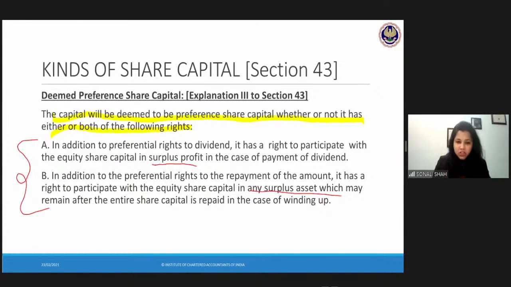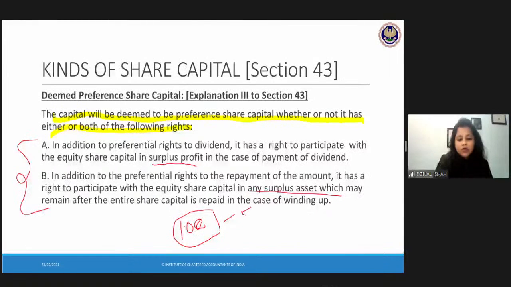So as a preference shareholder, you always have the first right to payment of dividend and the first right to repayment in case of winding up, right? But let's say rupees 100 is the total amount available for dividend for the company, right?